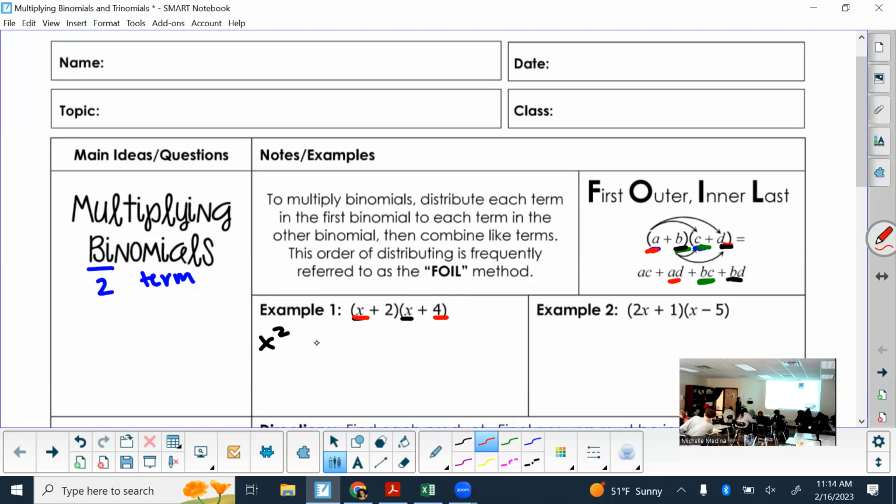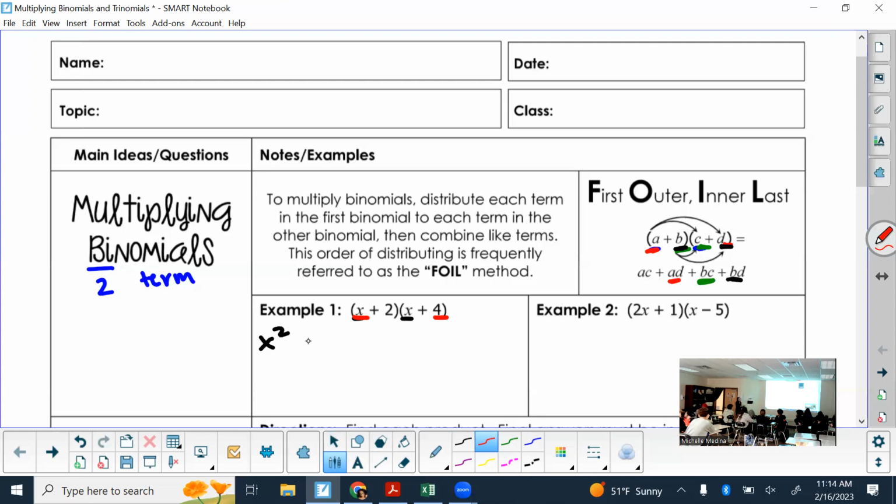Table 3, what's X times 4? Don't overthink it. So, table 4. Table 5. X times 4, what's the question?